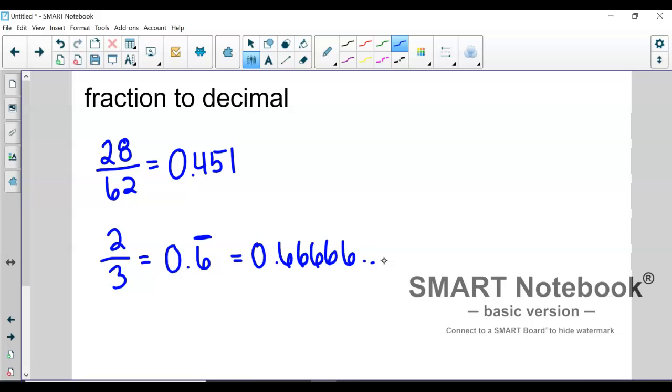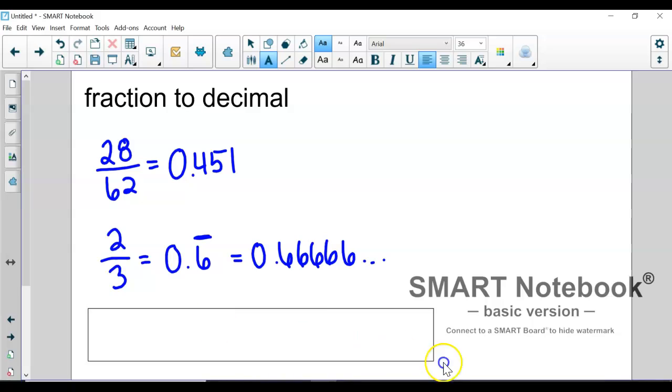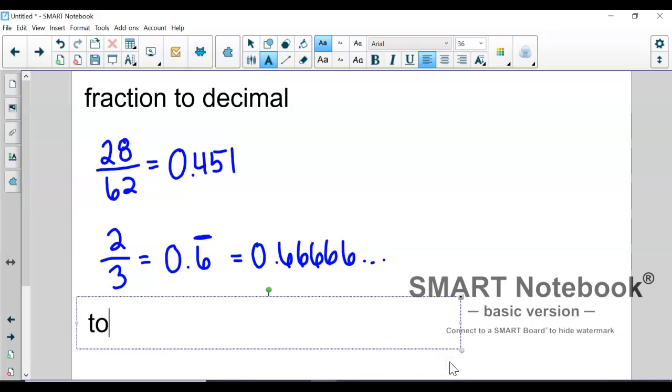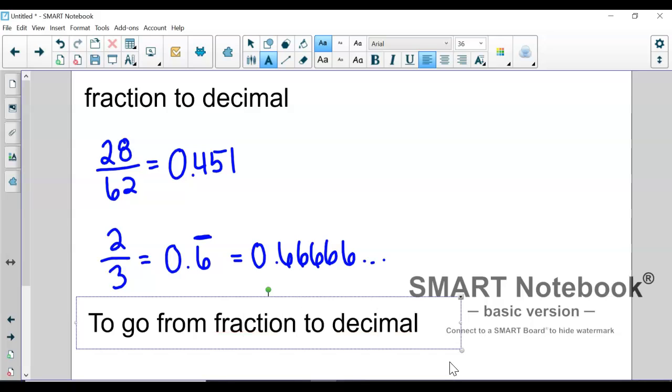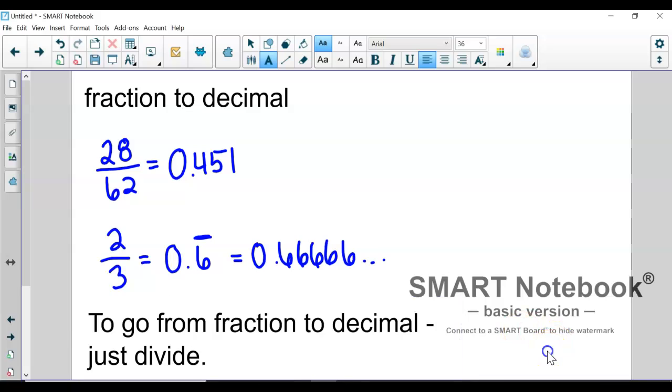Okay, so to summarize there, to go from fraction to decimal, just divide. Okay, so that's all you'll need to do there. And we need to be able to go, let's see, have we done everything?